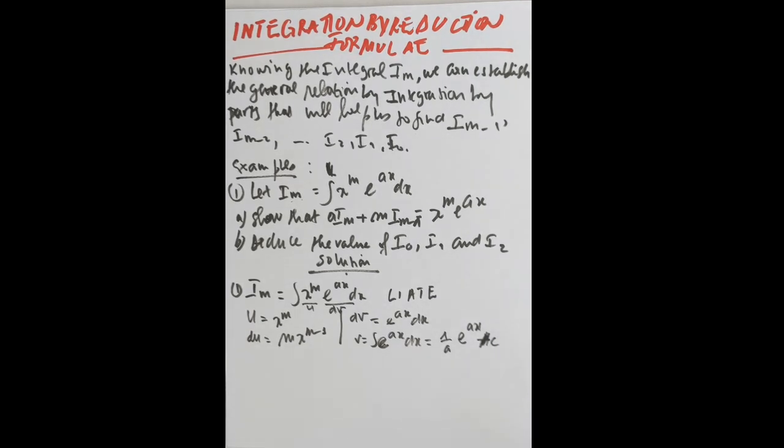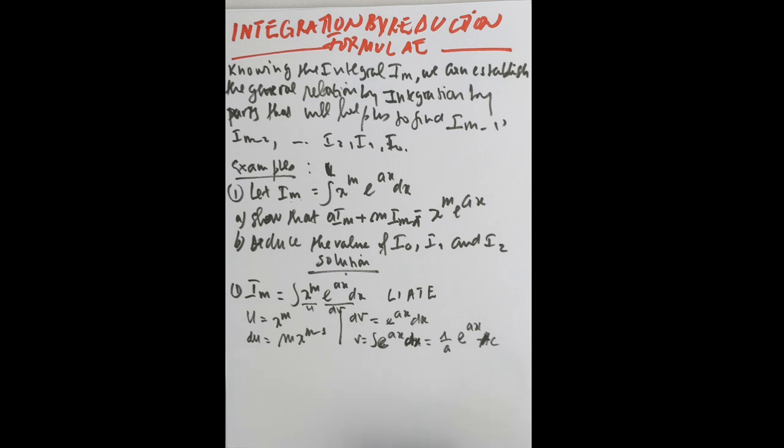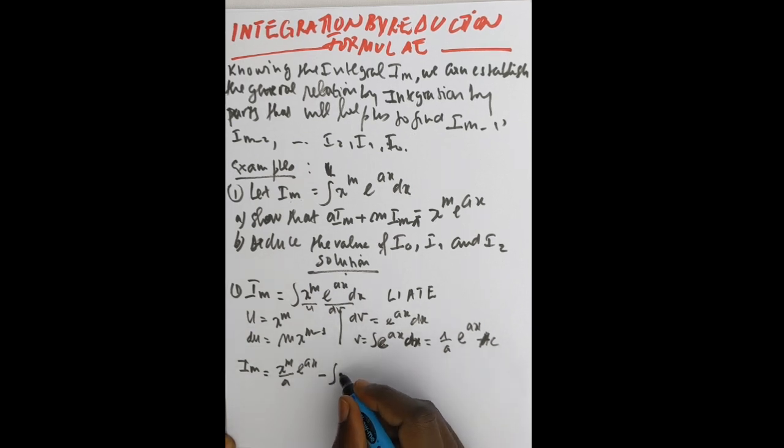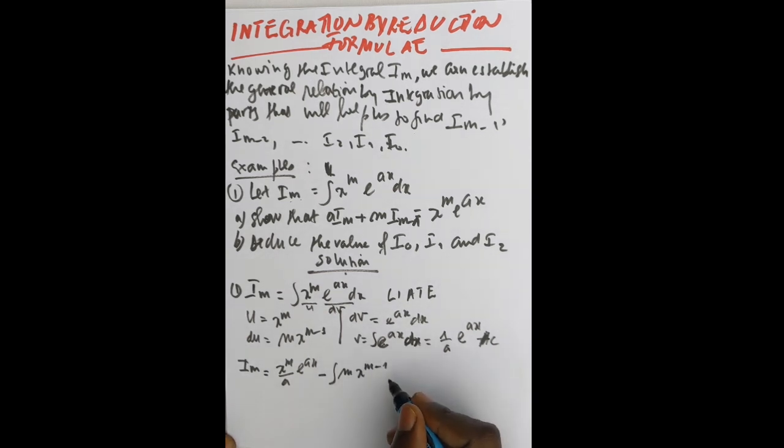So we can write, since Im is equal to uv minus the integral of v du, Im is equal to u times v, which is x power m divided by a e power ax, minus the integral of v du. v du is m x power m-1 times 1 over a e power ax. Here we have dx, put dx here.